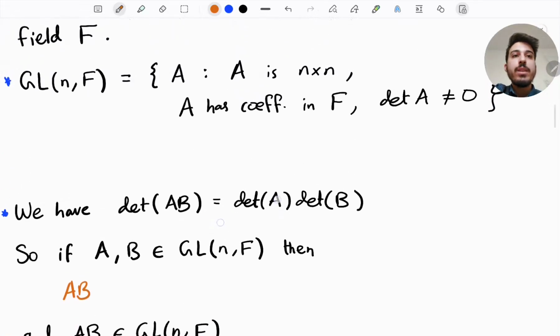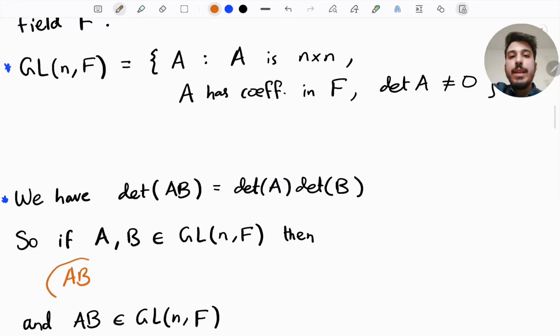Okay, so is AB in GL_n(F)? Well, AB is n by n as well, because an n by n matrix times an n by n matrix gives also an n by n matrix. AB has also coefficients in F, because F is a very nice field where both addition and multiplication are closed operations. So these two conditions are met.